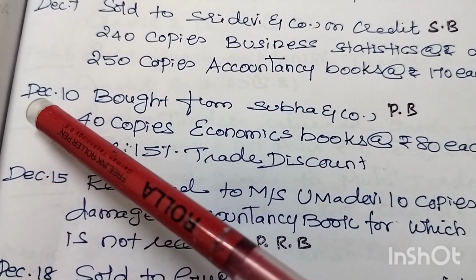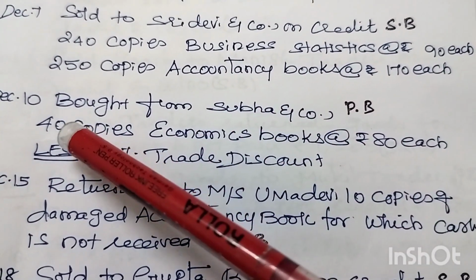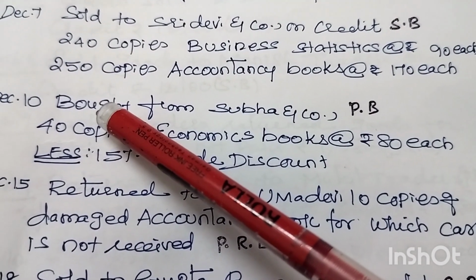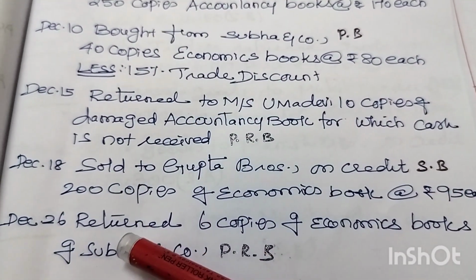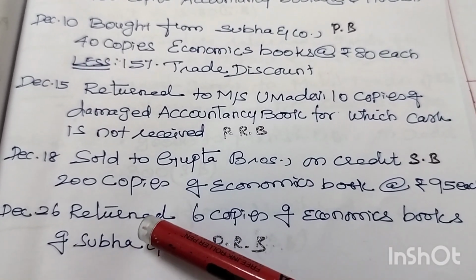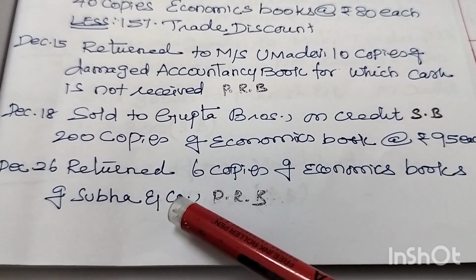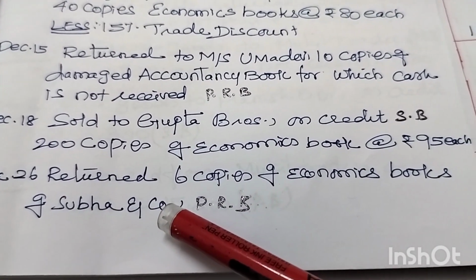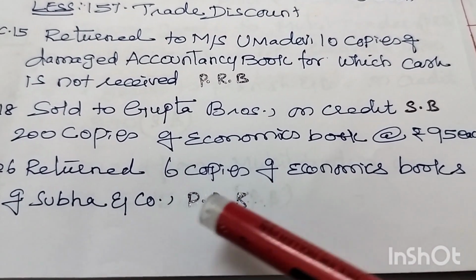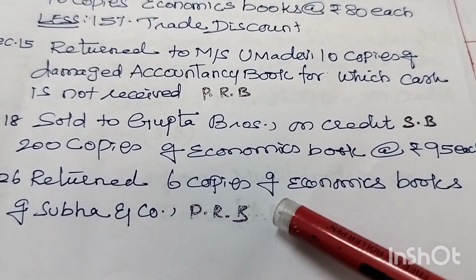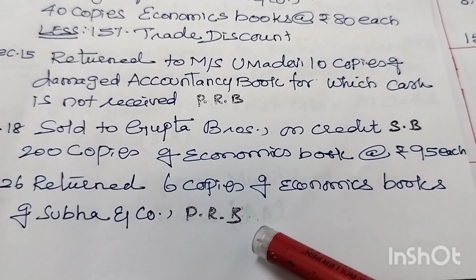Yes, on December 10, bought from Subha and Co. That was a credit purchases transaction. So you can consider this transaction as the purchases return transaction of Subha and Co. So you write PR on this transaction. PR means purchases return book. You are going to enter this transaction into the purchases return book.